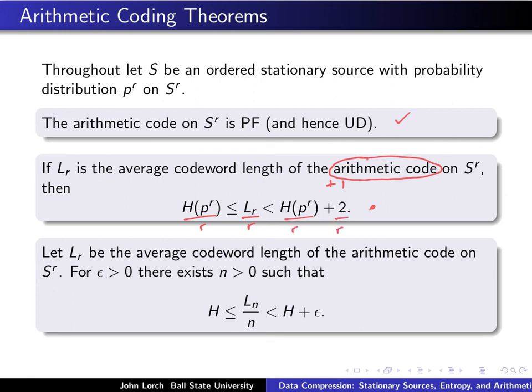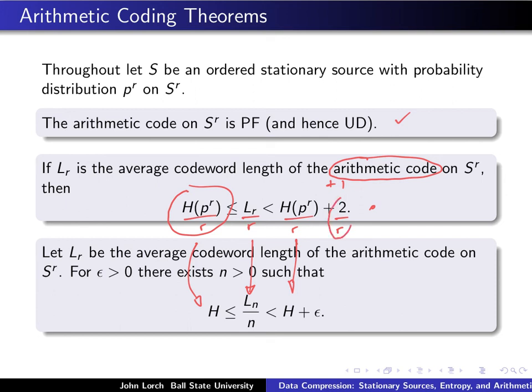well, on the left, what happens? Well, this is tending towards the entropy of the source. This, of course, is the average number of bits per symbol. And here, this, of course, is becoming the entropy. What about 2 over R?